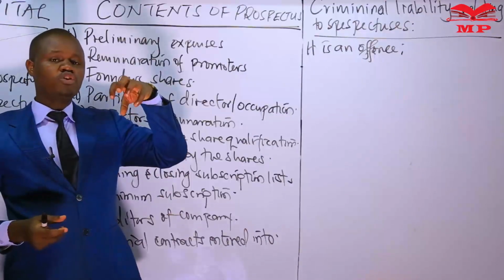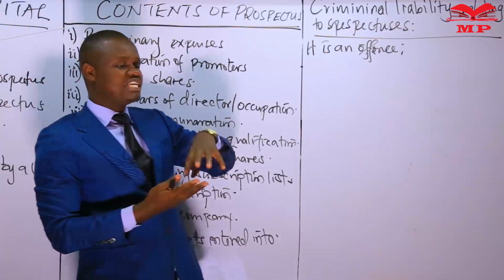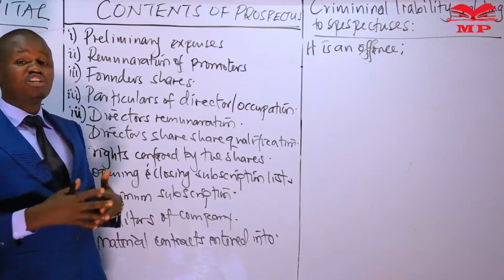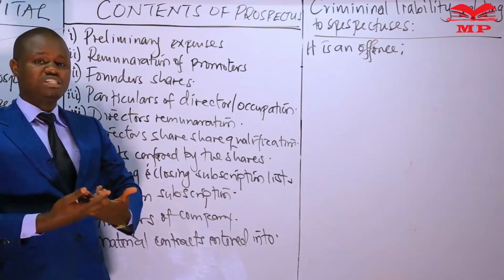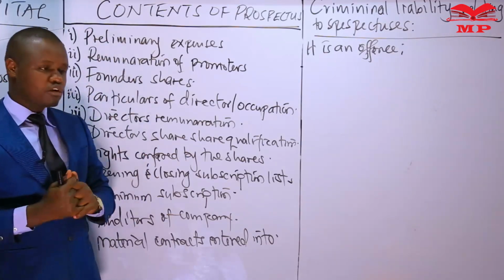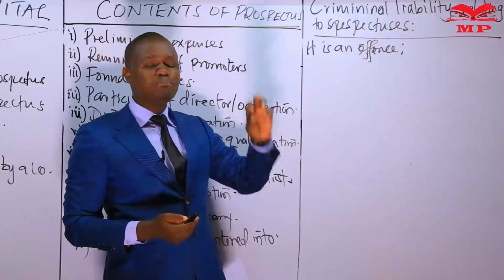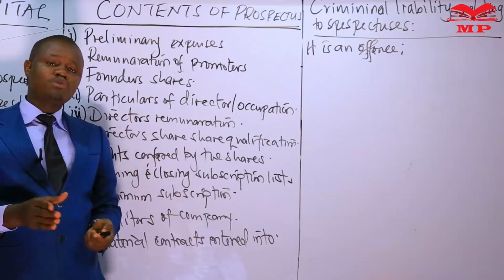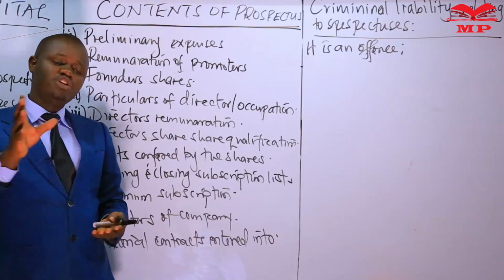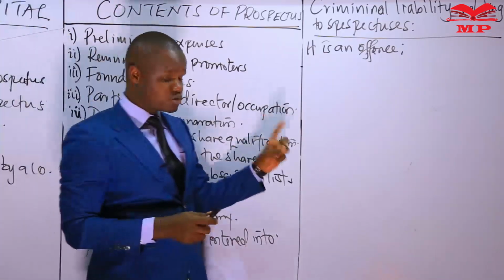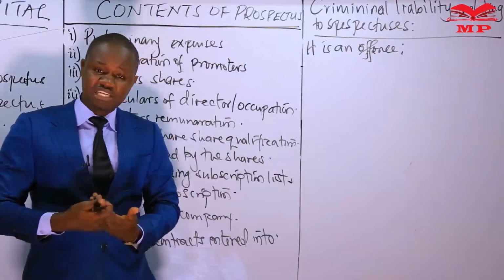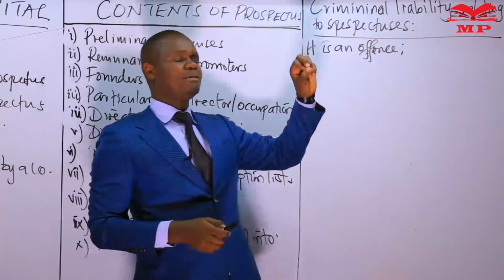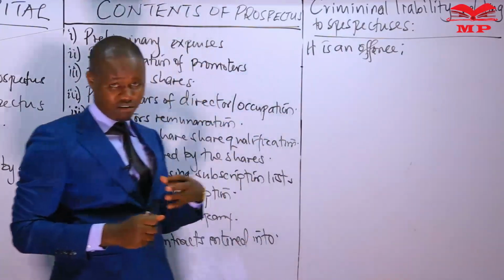For certain things that we shall do relating to the issuing of prospectuses, the Companies Act considers them criminal, an offense for which a fine shall be imposed on the defaulting officer of the company. For certain things that we may omit during the preparation and the issuing of the prospectus, the Companies Act considers them an offense by way of an omission, for which a fine shall be imposed on the liable officer of the company.